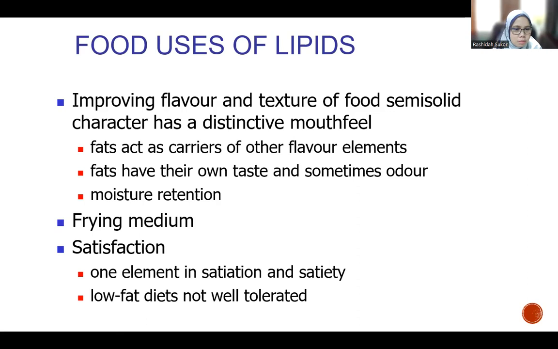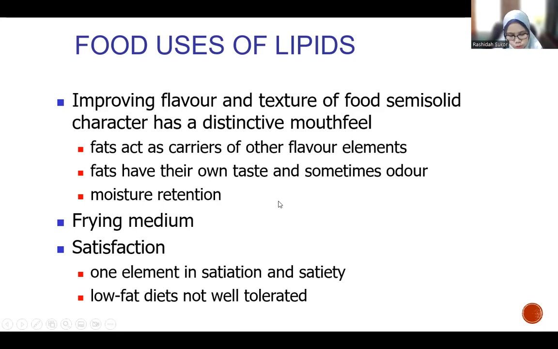In a food system, you have all these macro components, and they actually work with one another. They either react or bind and become a more complex molecule, right? So fat can provide moisture retention.